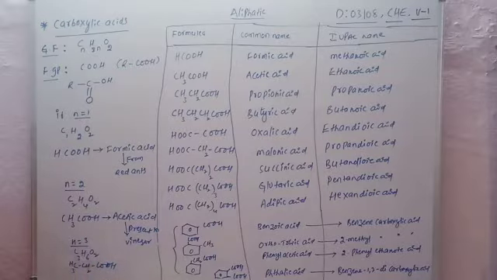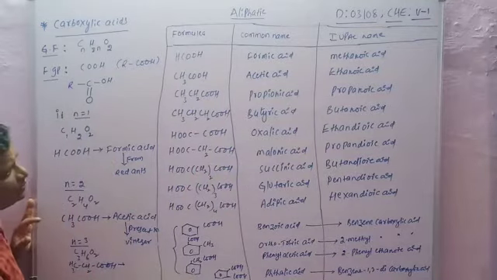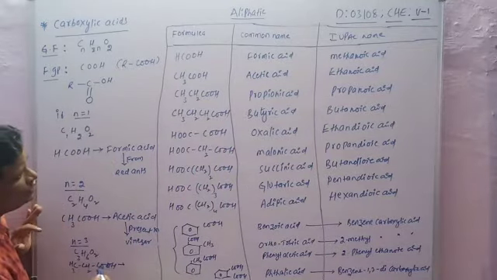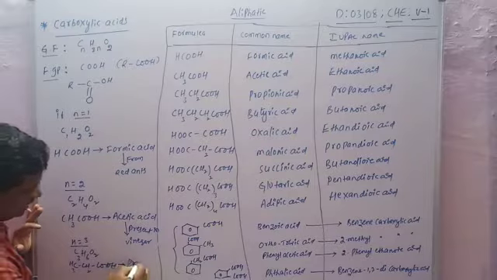what is it? Is it acetic acid, is it butyric acid? So meth, eth, prop: the number of carbons is 3. So CH3, CH2COOH, the name of the compound is propionic acid.